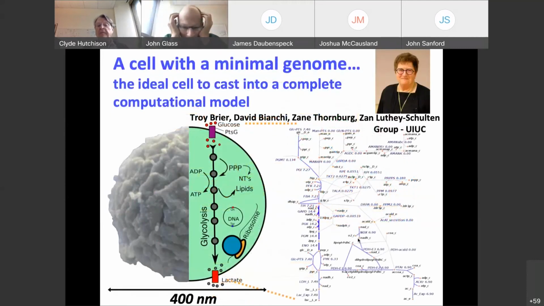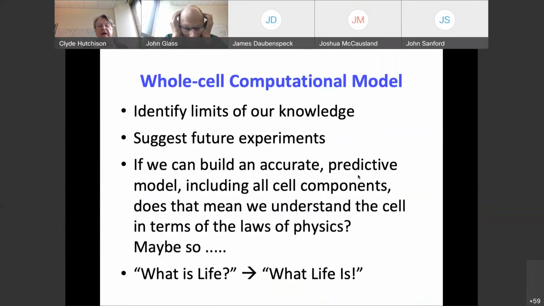So we're now into a collaboration with the Zan Luthi Schulten group and the people in that group to understand the cell by looking at computational models.